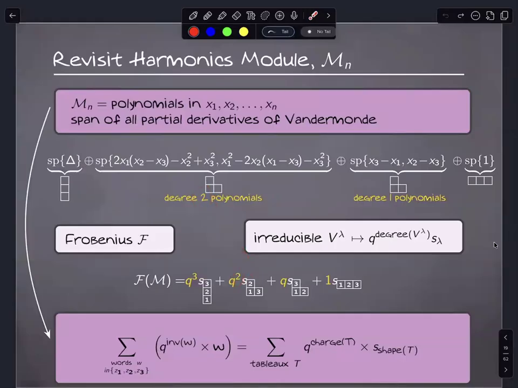So now you get a Q positive sum of Schur functions. So anytime you take a graded S_n module and you take an irreducible and map it to Q to the graded piece times that Schur function, of course, you'll get a Q positive sum because you're summing the irreducibles.